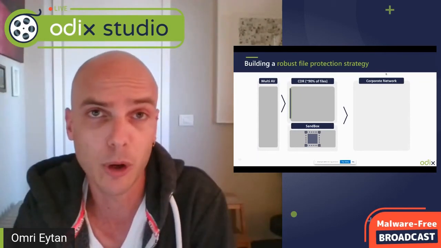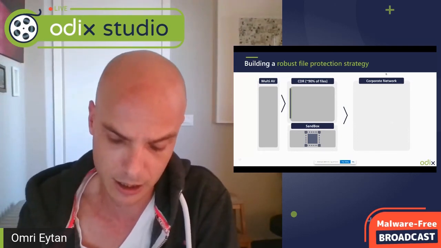If that file type is supported by the CDR engine, that will ensure that we don't send what we don't need to send to the sandbox, avoiding the cost and latency of using the sandbox. And after the file is disarmed and reconstructed, it will go into our environment.